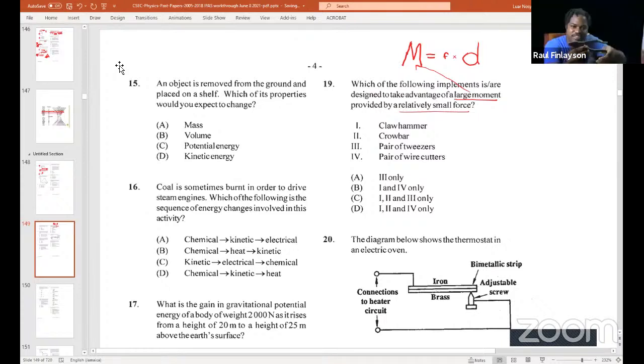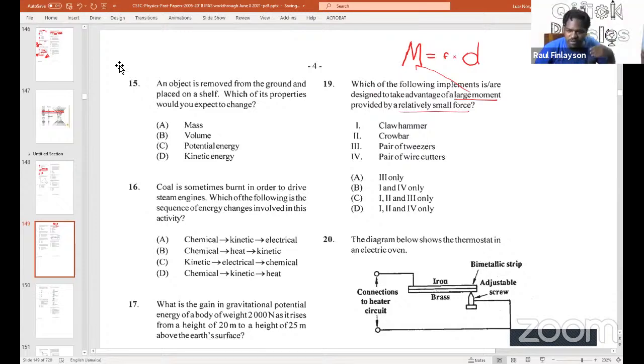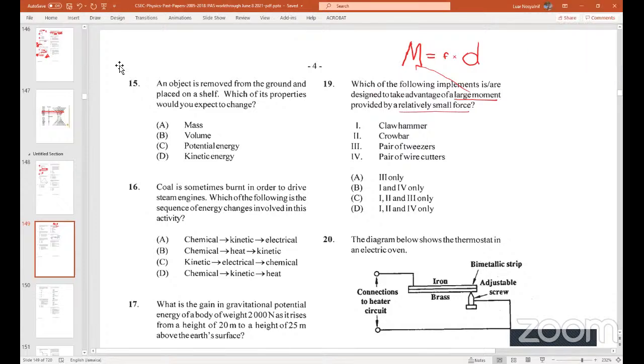This length from the pivot is quite distant, so you're going to need a small force to cut the wire. Interesting. In electrical work sometimes they call it a clipper.